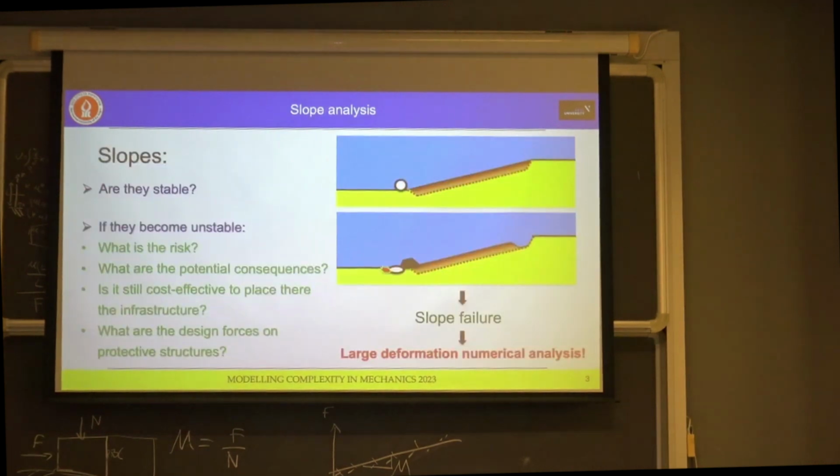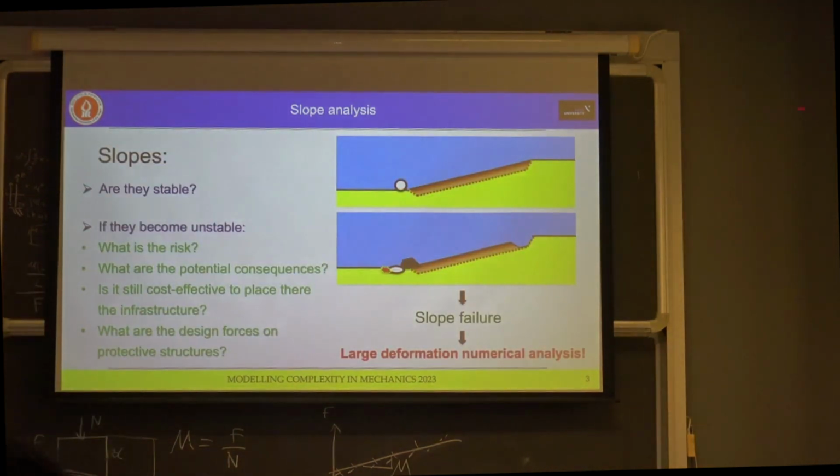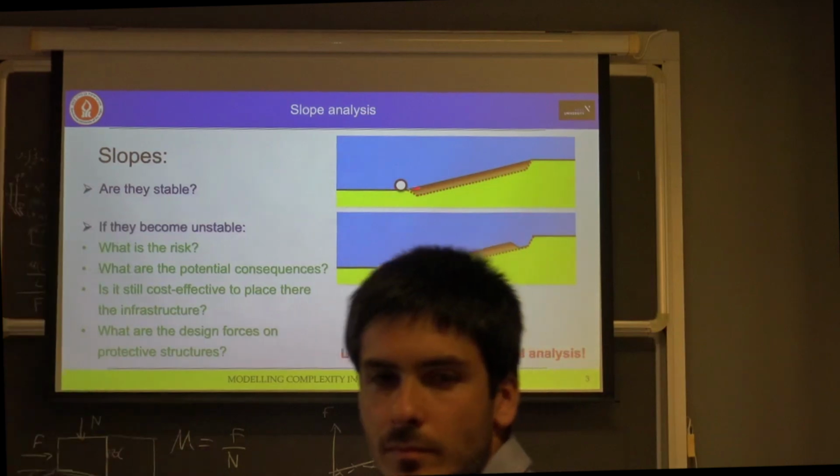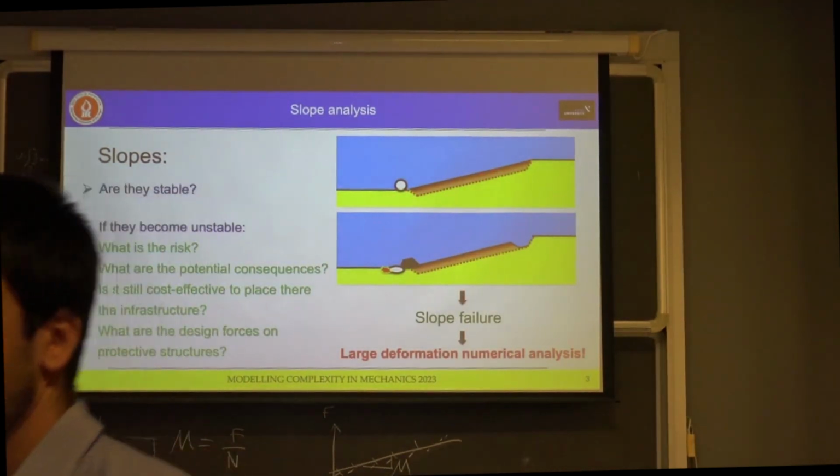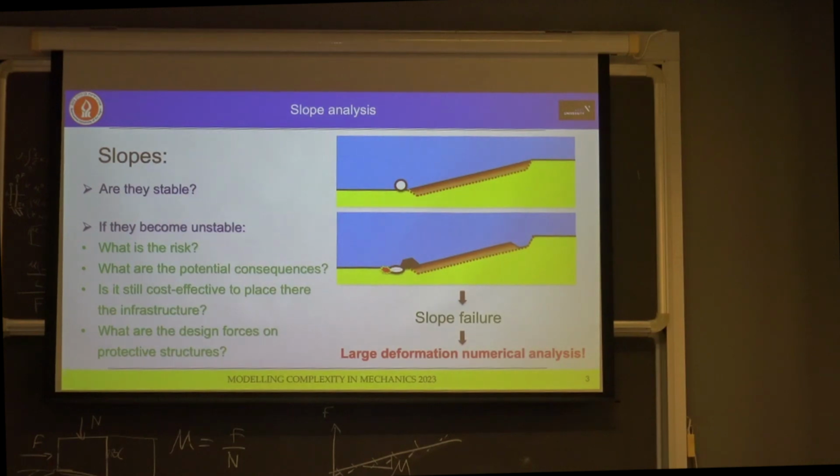Okay. So when we are talking about submarine landslides, let's say we have some slope and some infrastructure. Here you can see a pipeline profile and a slope. The first thing that the geotechnical engineer would do is check if the slope is stable.